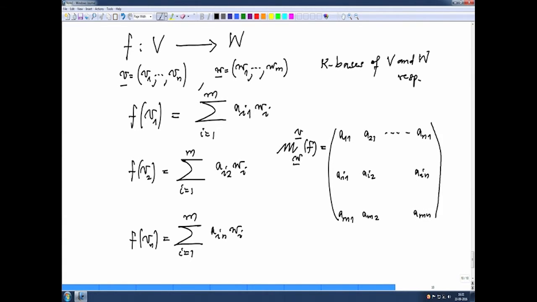So this is the matrix, and instead of writing this big notation with 1 to m and 1 to n, we will abbreviate it by M(m, n; k).